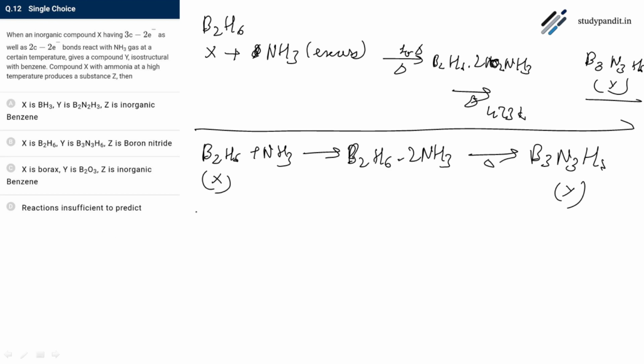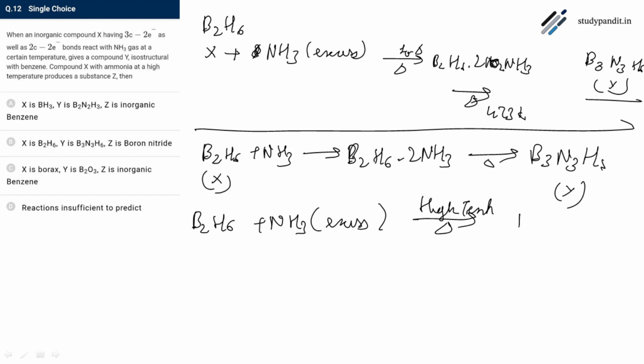Now, for confirmation, we also have to find Z. B2H6 plus NH3 in excess at direct high temperatures gives, what's this reaction?